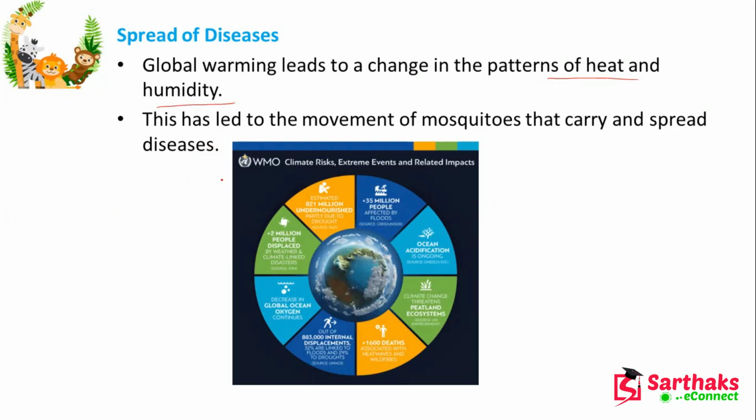So if the temperature is high, the mosquito movement will be high, and whatever diseases are carried by these mosquitoes, like dengue, like malaria, and many other diseases can increase.